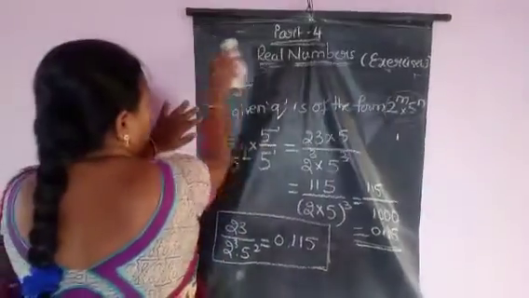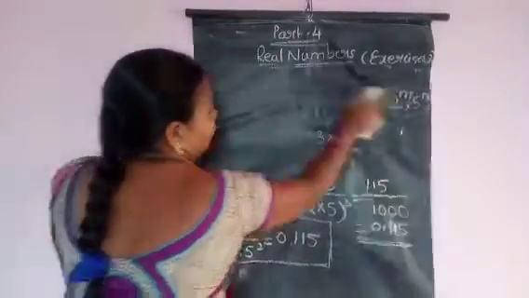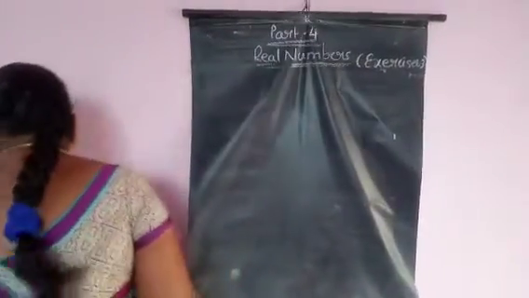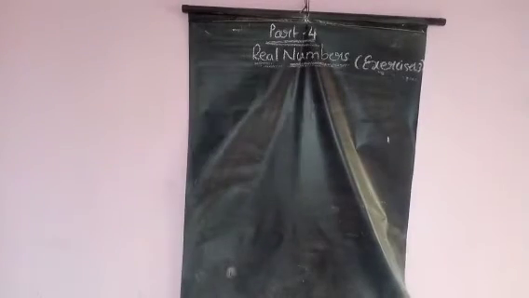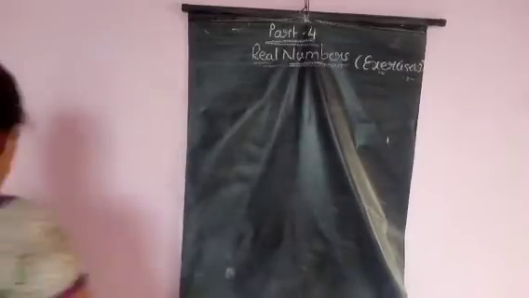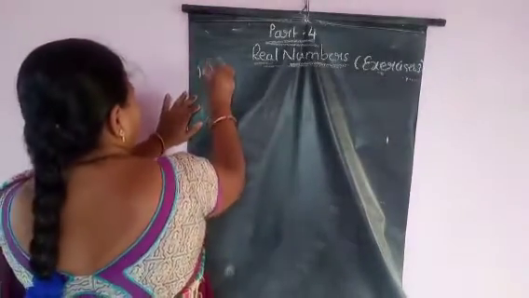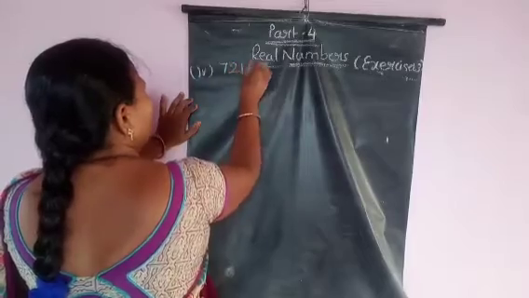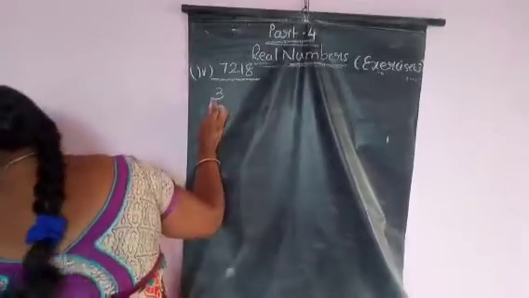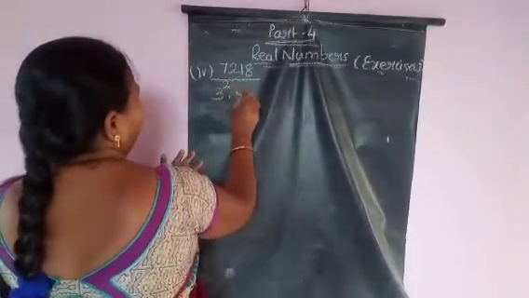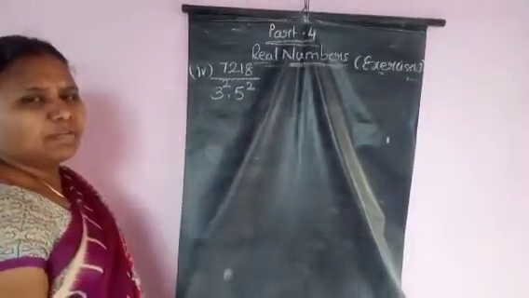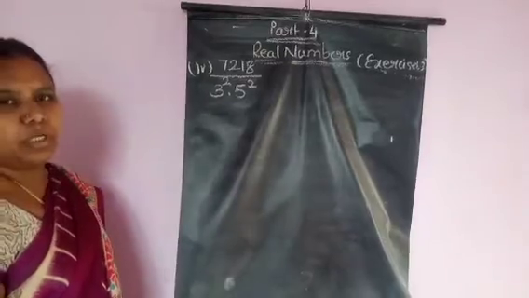It is 7218 by 3 to the power of 2 into 5 to the power of 2.